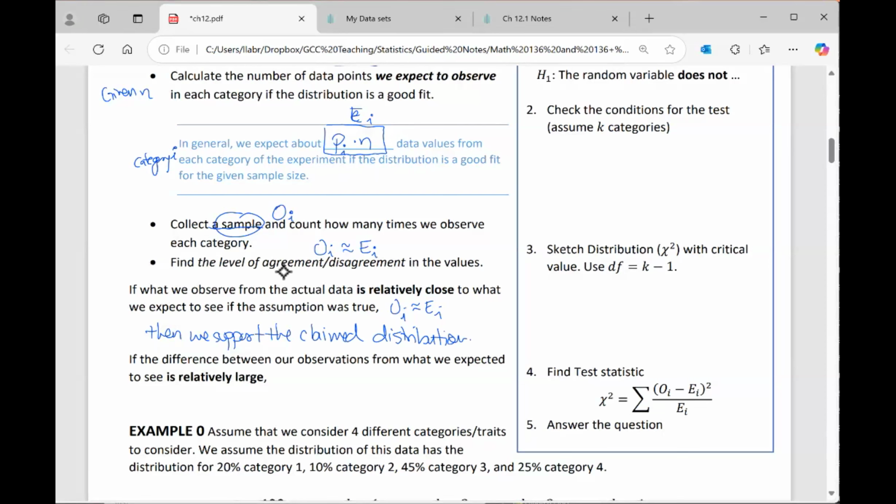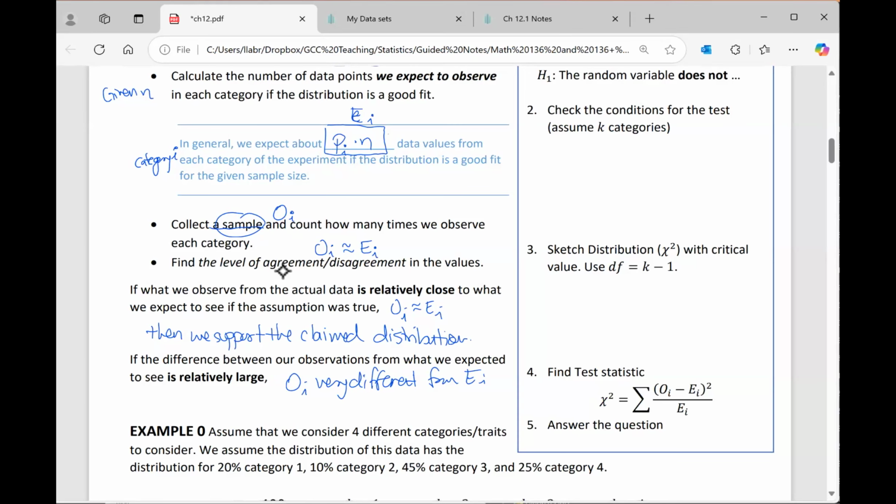However, if we have our observed value very different from the expected value in a few categories or many categories, then we're going to say that our assumption is probably not correct. Then we're going to reject the claim distribution.